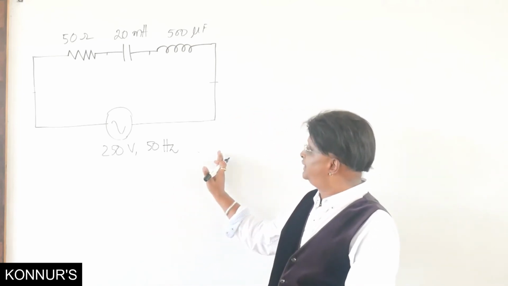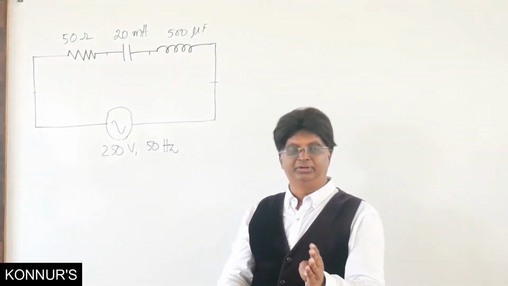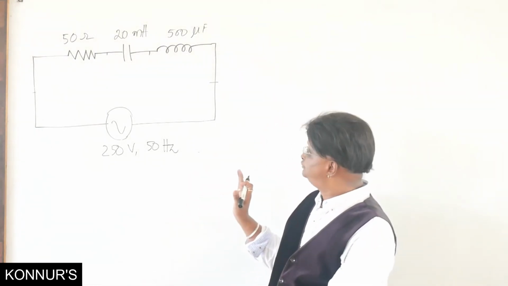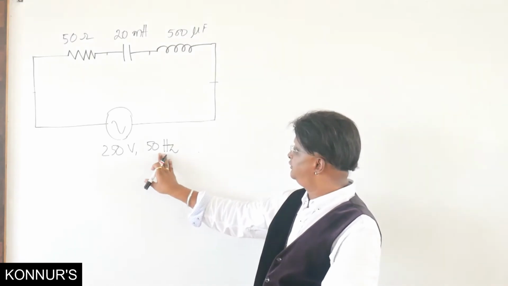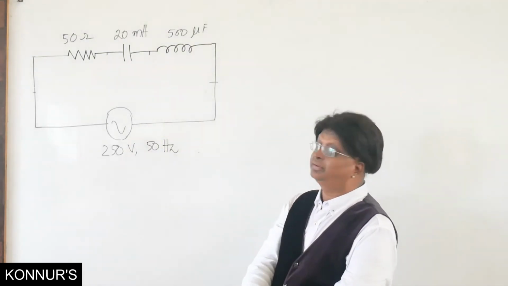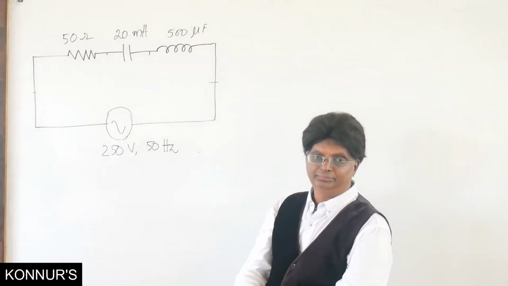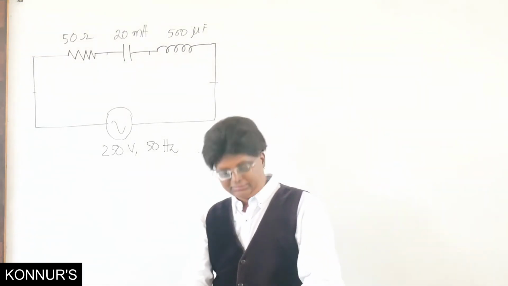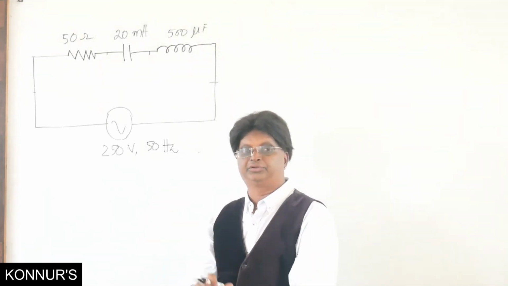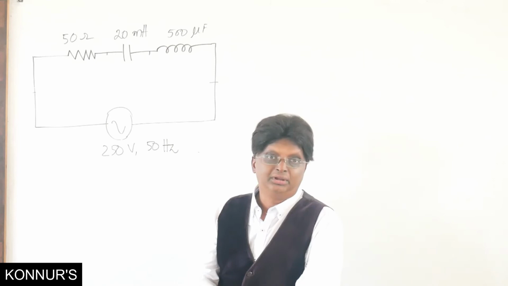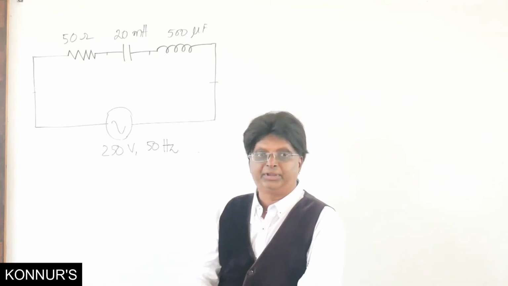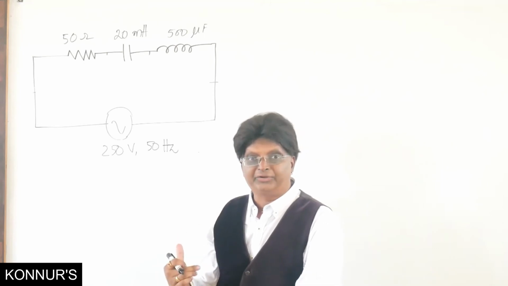Here is a simple example, and let us do different types of questioning for the same circuit. It is a 250 volt, 50 Hz AC source, and the resistor, capacitor and inductor values are also given. For this data, we are asked: what is the reactance of the circuit, what is the impedance of the circuit, what is the phase difference, and what is the power factor of the circuit.